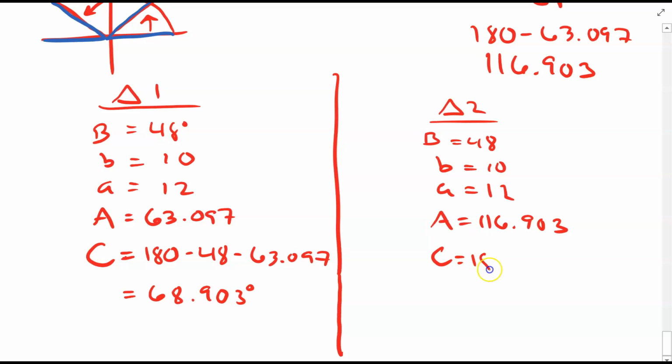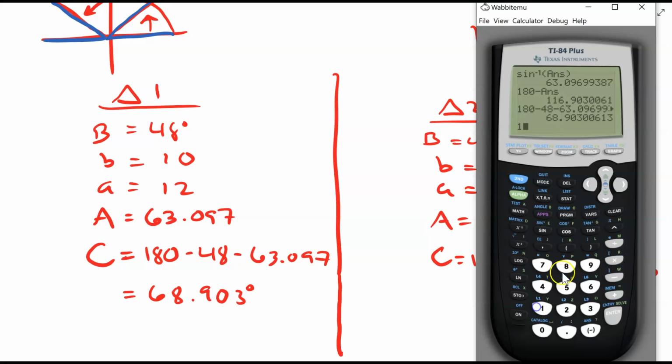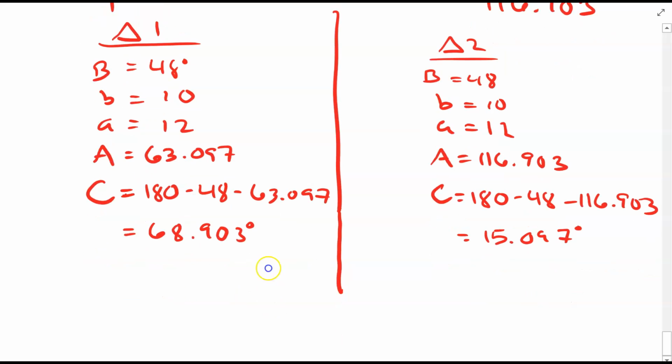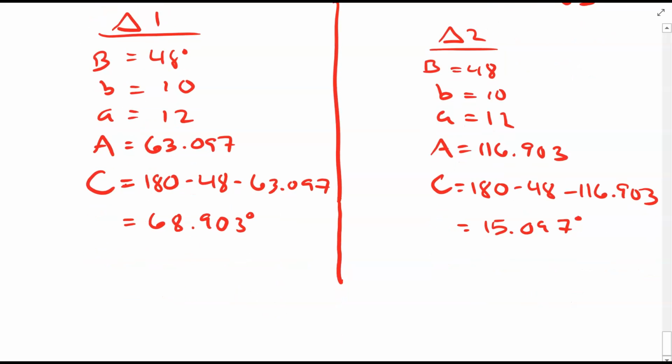And if I want to do angle C in the other triangle, same idea. So 15.097. Everybody happy so far? The last thing I need to do is find side C.